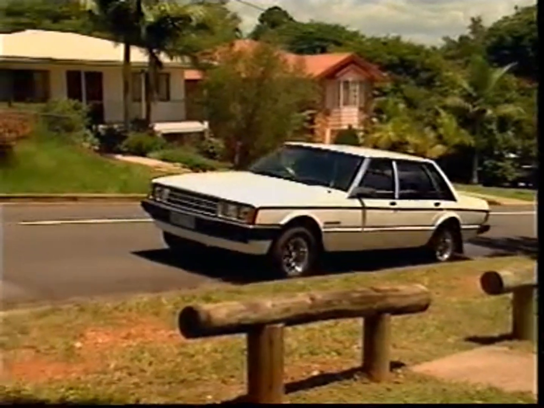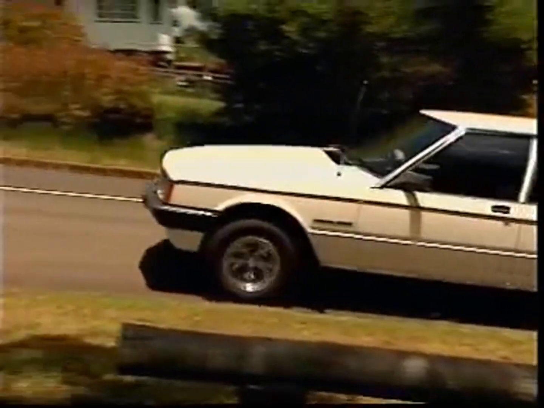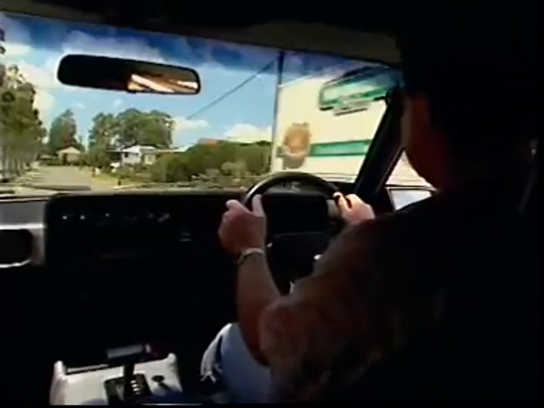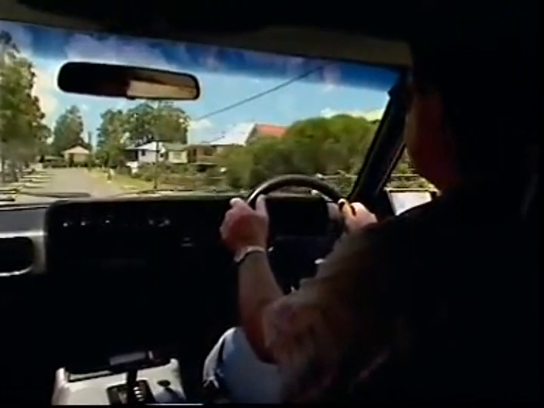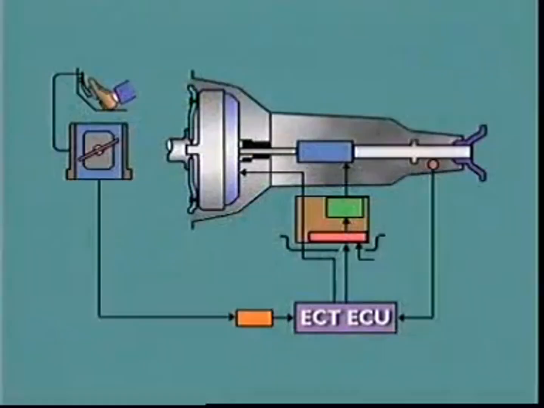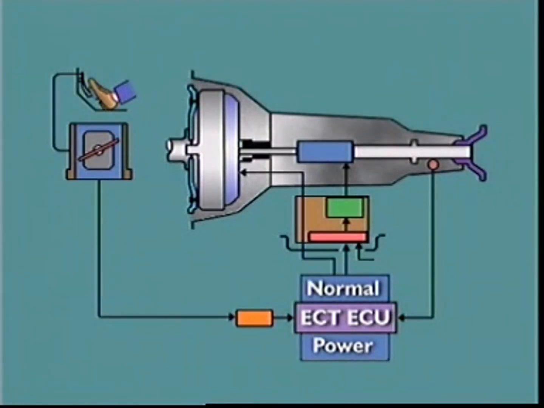In fully hydraulically controlled transmissions, the driving pattern, that is the timing of upshifts and downshifts, is designed into the transmission and cannot be readily altered. In the electronically controlled transmission, the ECU can store different driving patterns.